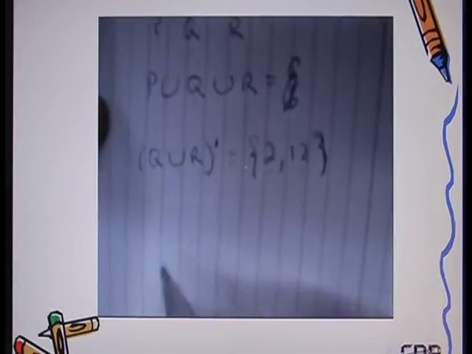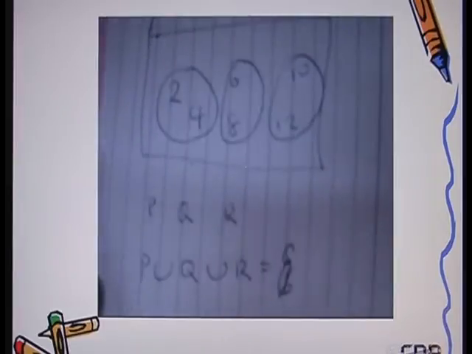So we have to determine the members of P. So the 2 and the 12 would be P. So we could redraw our Venn diagram. Let's redraw the Venn diagram. Notice I was not drawing it accordingly. Since we identified P already, we could put P right here, and that is 2 and 12.